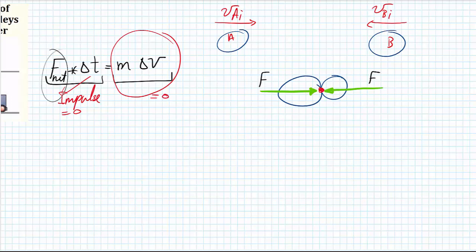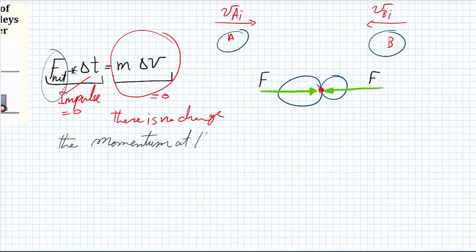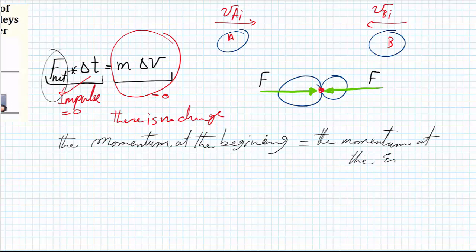What is the meaning of the change in momentum being 0? There is no change. Or we can rewrite it as the momentum at the beginning equals the momentum at the end. That's the meaning that the impulse is 0. There is no change in momentum.